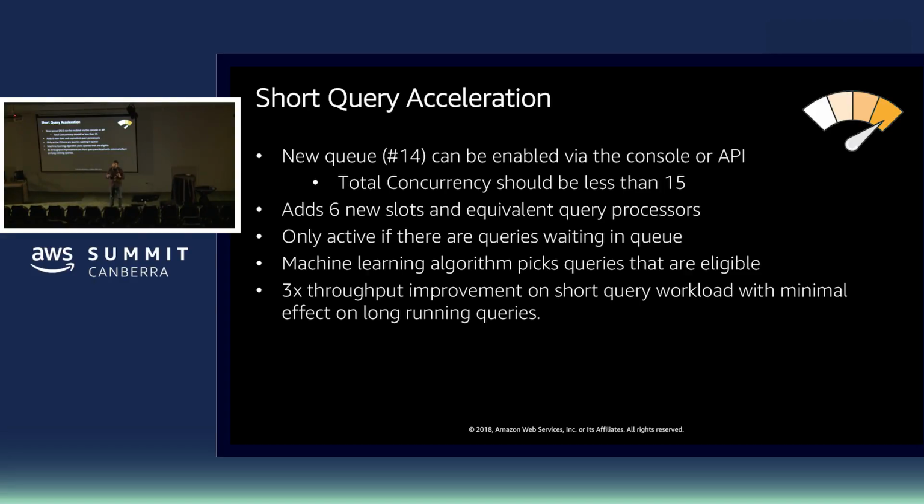So when a query is executing, based on machine learning algorithms, it understands which query it is and how long it is going to execute for. And if it feels that this query is going to execute within 3 seconds or 5 seconds, it takes it out of its original queue and runs it on the new queue that we have created with 6 slots on it. Once this query finishes, the customer gets the results.